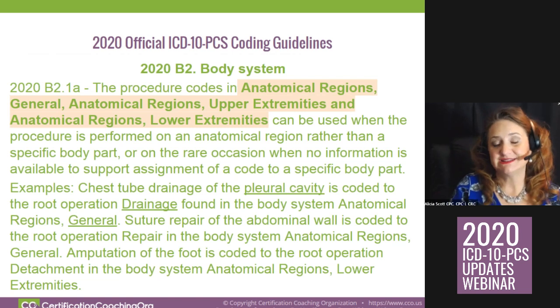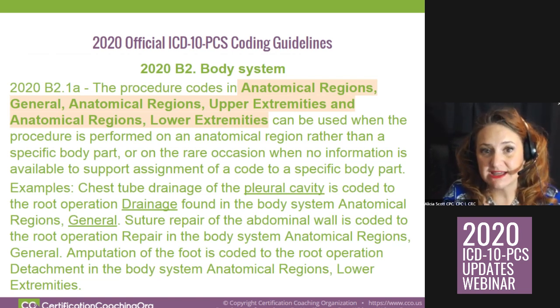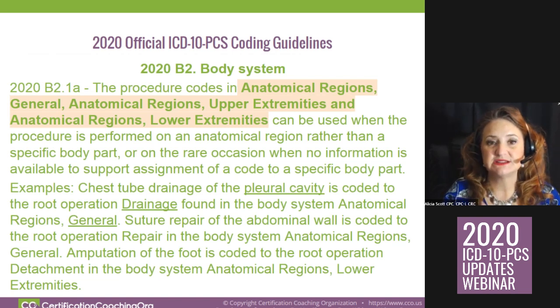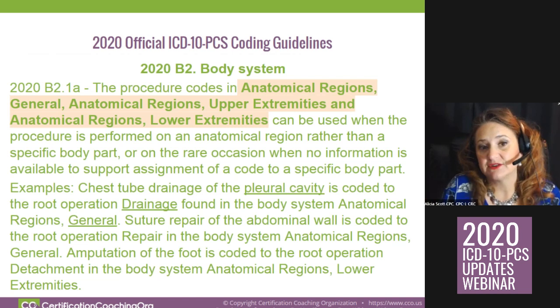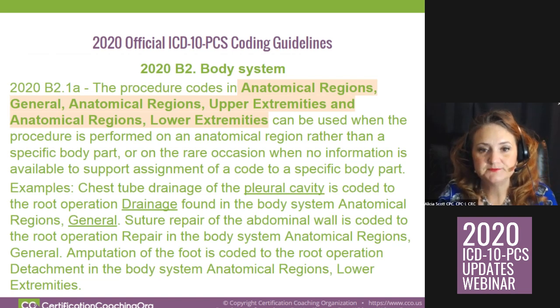It's unlike CPT. With PCS, it's all about the outcome of the procedure, whereas with CPT, it's what are we doing to the patient? PCS is set up with the outcome, and that's the way providers think: why am I doing what I'm doing to this patient?